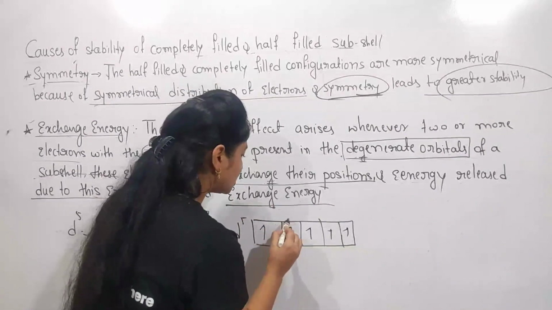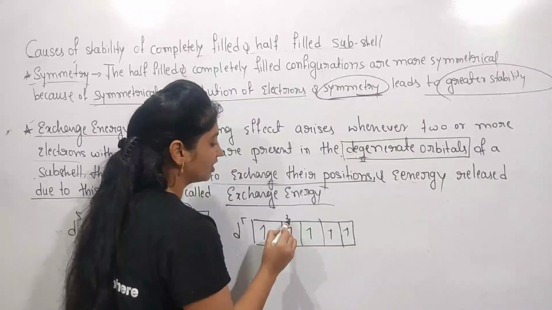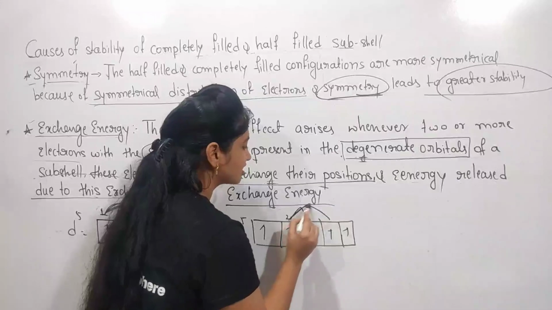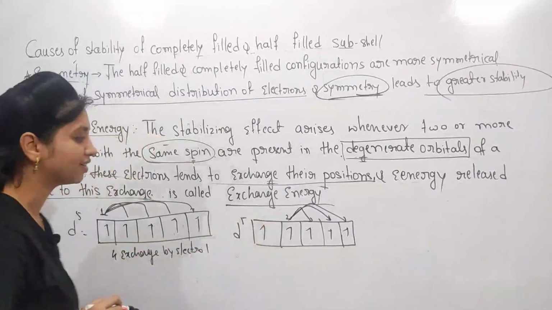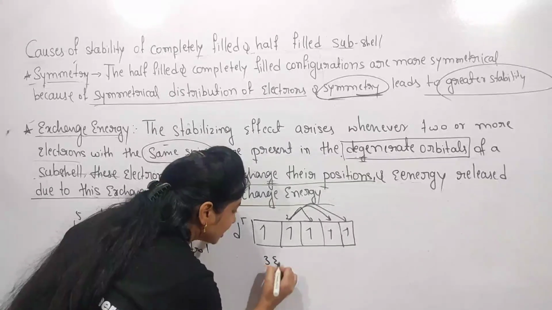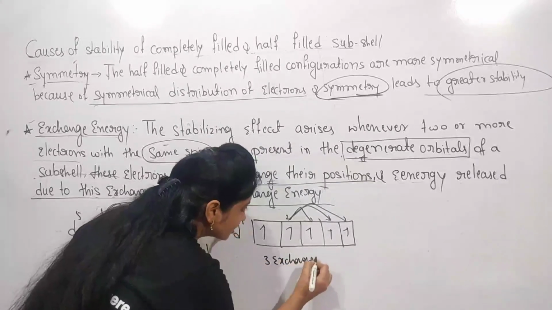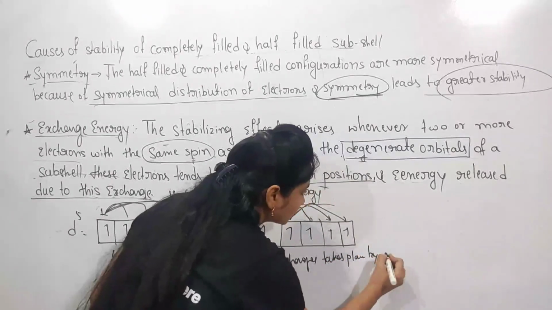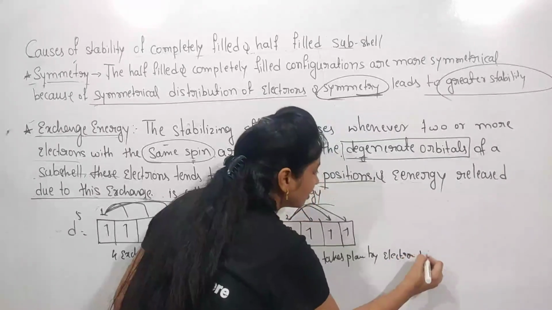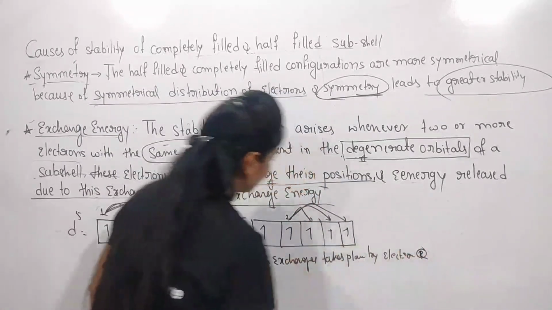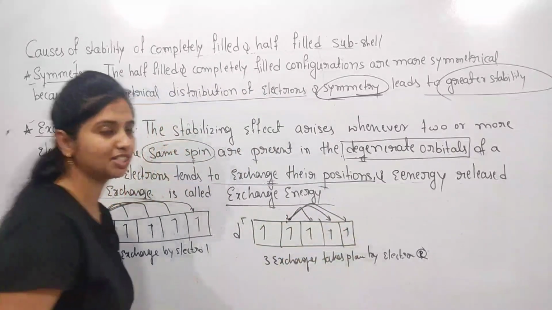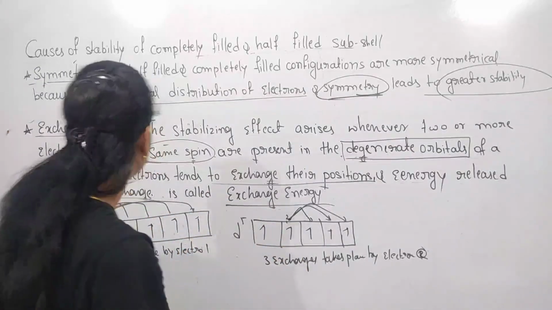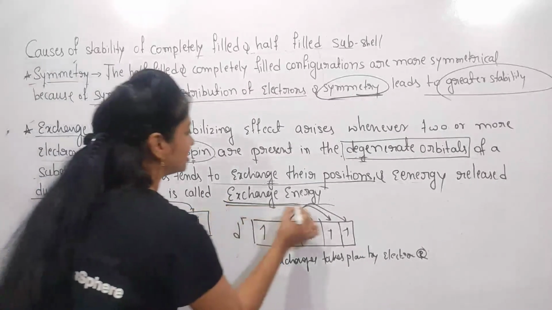If the position is exchanged by the second electron, how many exchanges take place? 3 exchanges take place by electron 2. This electron exchanges its position here. By this exchange, some kind of energy is released. This is called exchange energy.